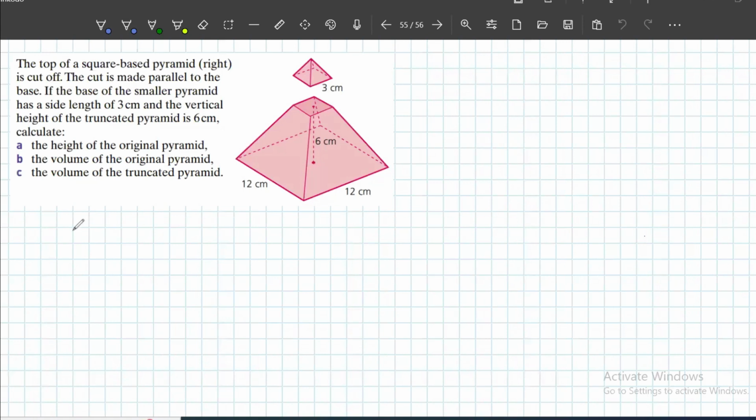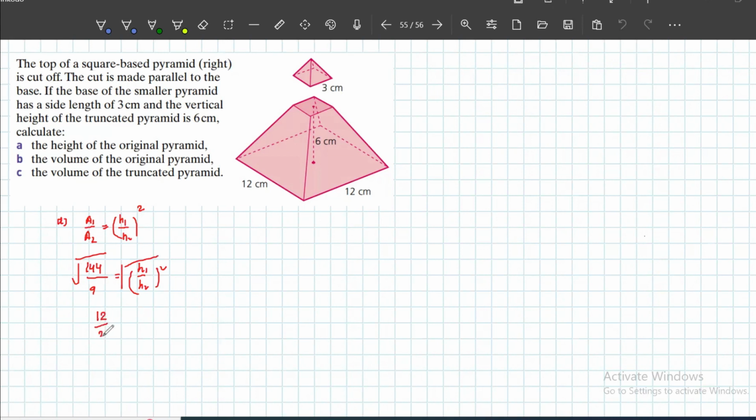Once two objects are similar, we can use the concept of a1 over a2 equals the ratio of the sides. I am going to consider h1 and h2, as we are looking at the area. We can take the square root of both sides, so we can justify their sides.